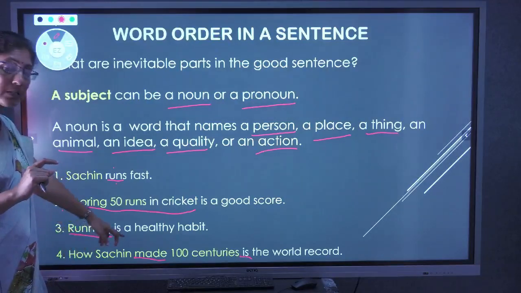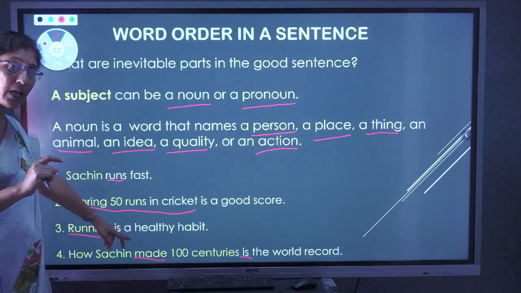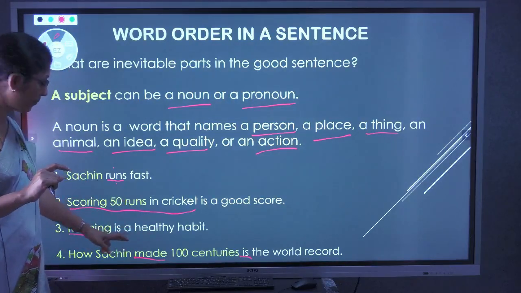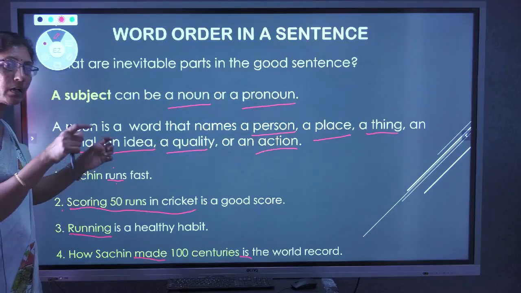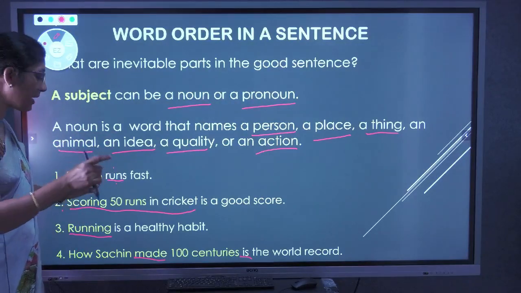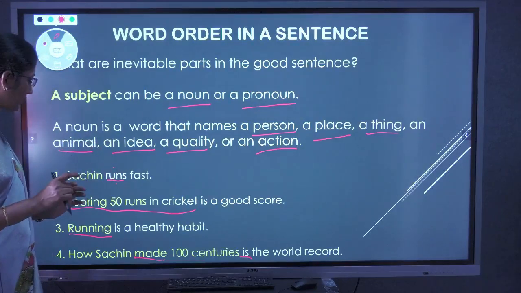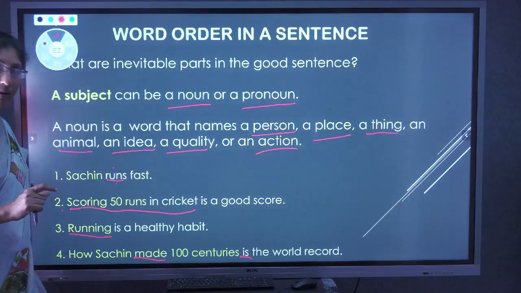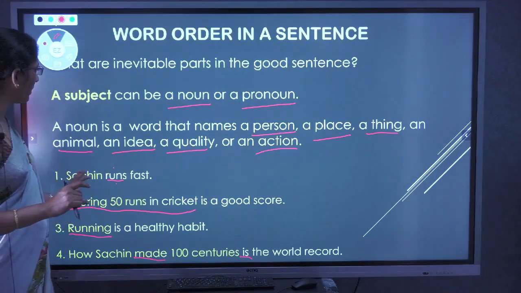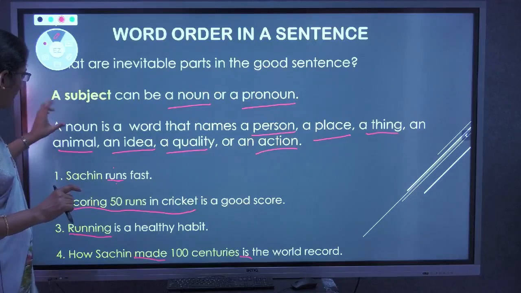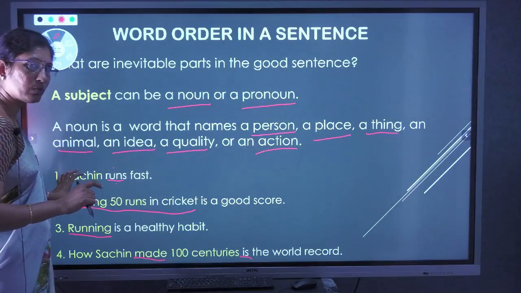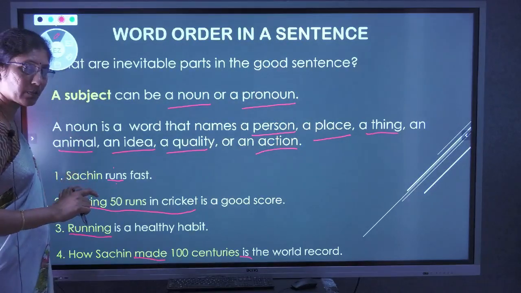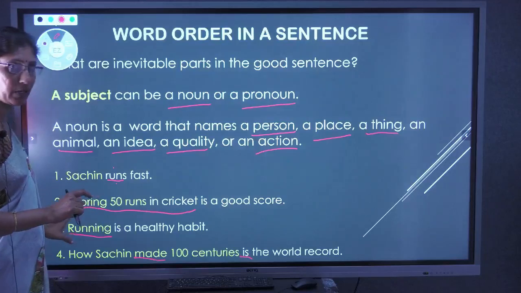But a clause has a subject and a verb and has sense. And if it is added to another clause, then it gives a complete sense. How Sachin made 100 centuries is the world record. So nouns, noun phrases or clauses are used in a subject's place.